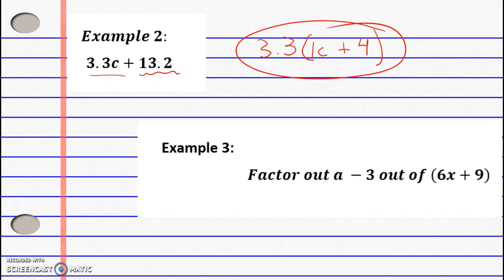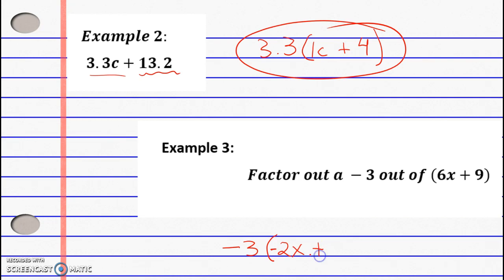All right, example number 3. We're factoring out a -3 out of 6x plus 9. So you want us to take out a -3. Okay, what do we have to multiply -3 by to get positive 6x? You should have said -2x, because -2 times -3 is positive 6.